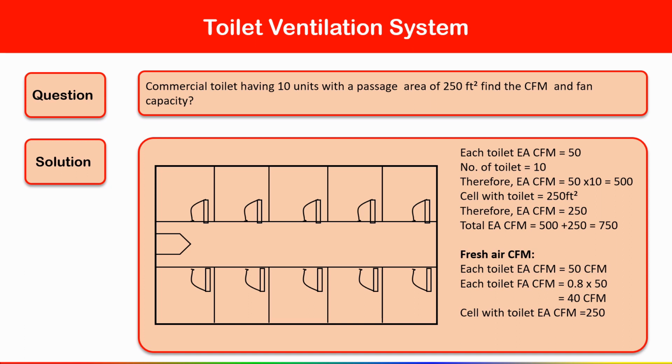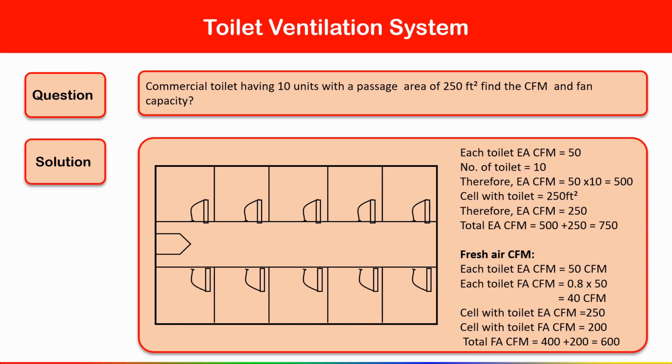Now if you want to calculate for the passage area, how much fresh air we have to supply there? If you remember, the exhaust air CFM in the passage area is 250. So 80% of 250 we get 200 CFM. Now total fresh air CFM is how much? We have calculated 600 CFM.